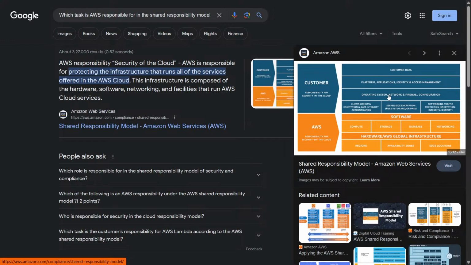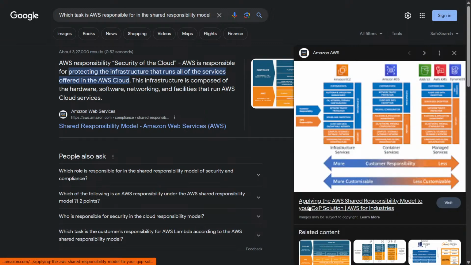First of all, customer data, then platform, application, identity and access management, operating system, network and firewall configuration, client-side data encryption and data integrity authentication, server-side encryption, file system or data, networking traffic protection, encryption. Now AWS responsibility is for software, compute, storage, database, and hardware, regions, availability zones, and edge locations.